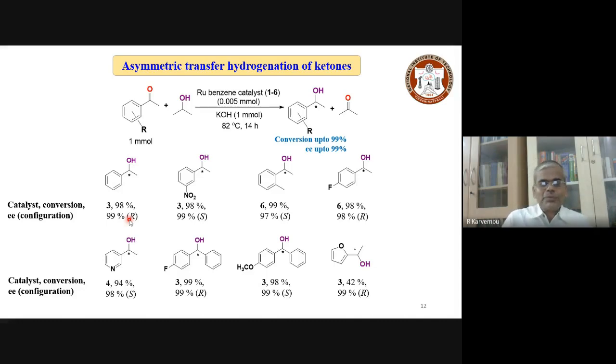If someone else wants to prepare R alcohol, he or she can use the benzene catalyst. It's very interesting. And we do not know how this happens, right? Reactivity as well as selectivity has been tuned by making a small change in the catalyst, by replacing parathymine by benzene.